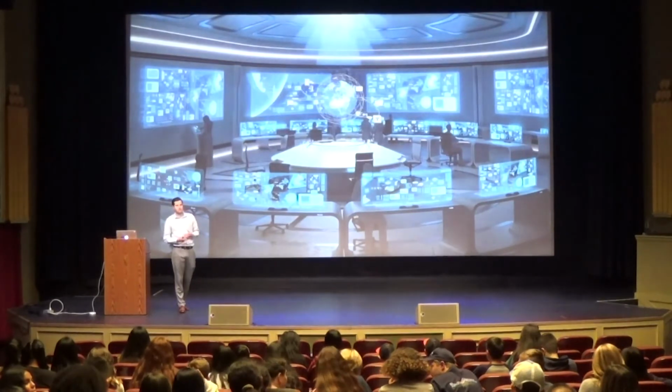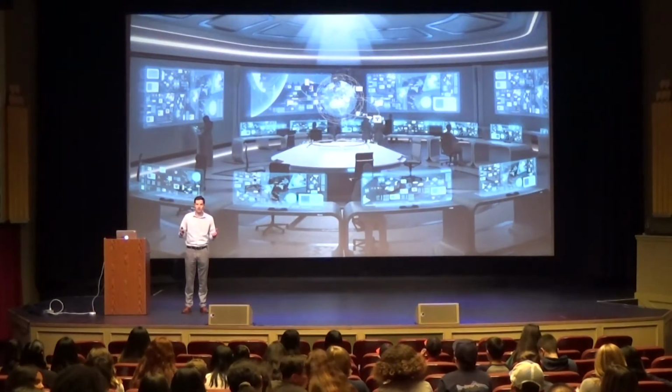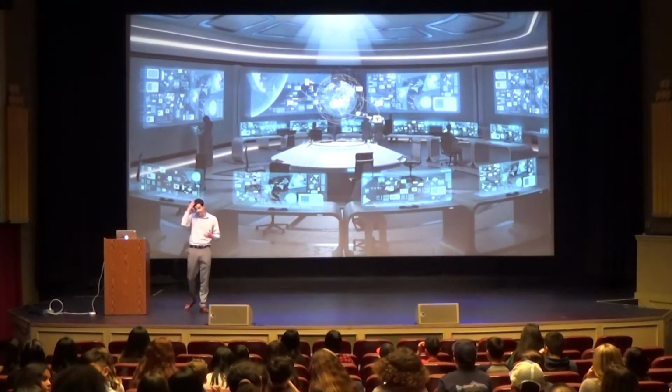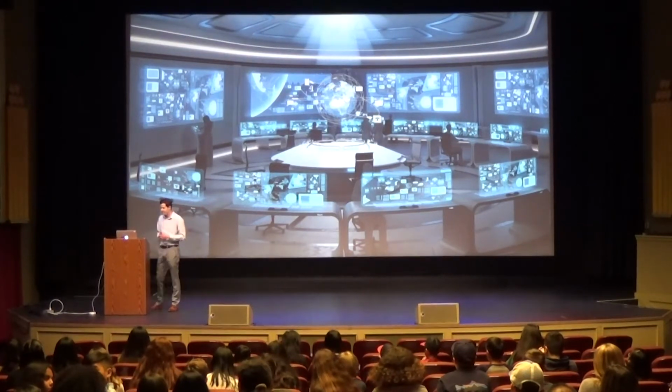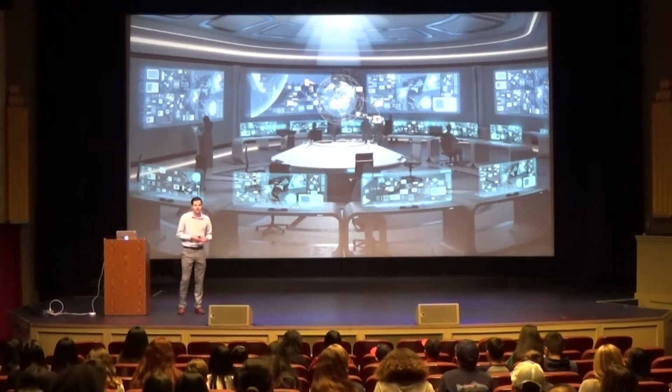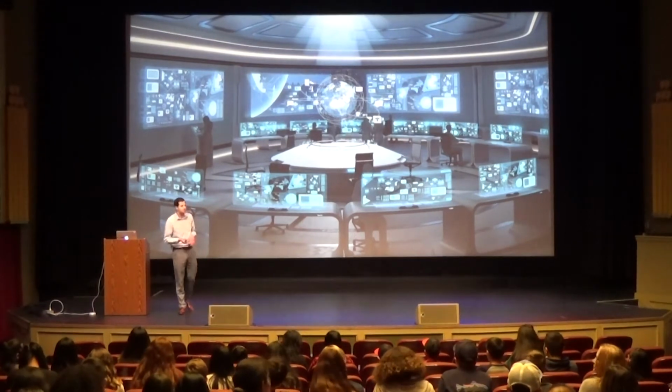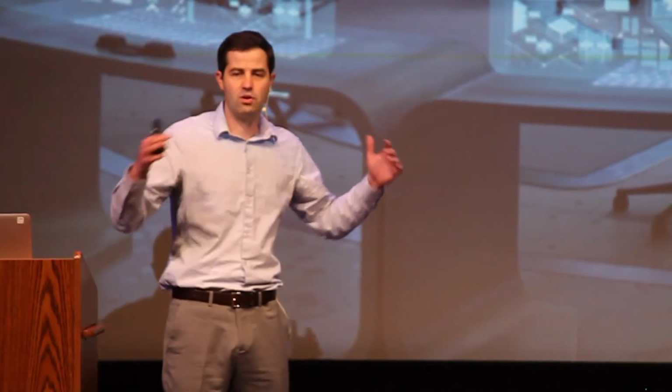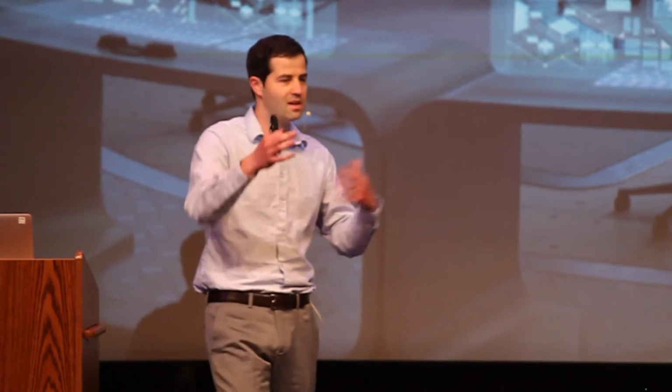The brain is the control center of the body. Just like you'll see in the movie after my presentation, the brain receives information from all the parts of the body. Just like in this picture, you can imagine information coming into all these screens in this room from various locations and satellites maybe, and the people in this room have to take in all that information and decide what to do, whether to launch another satellite or move the spacecraft.